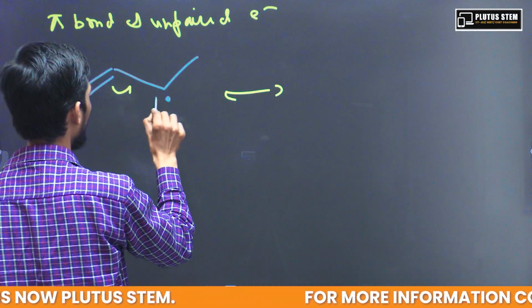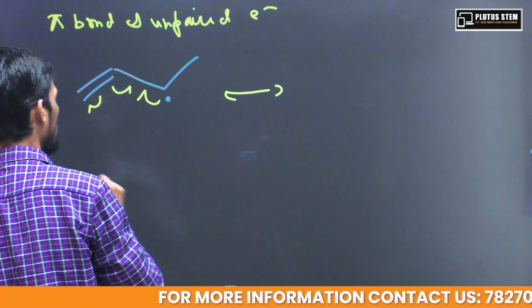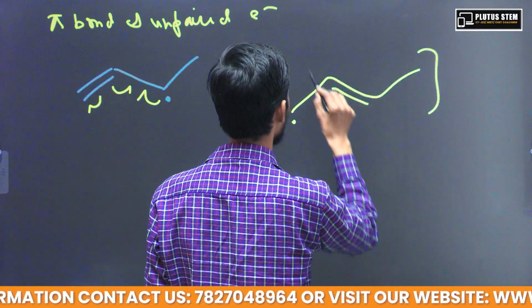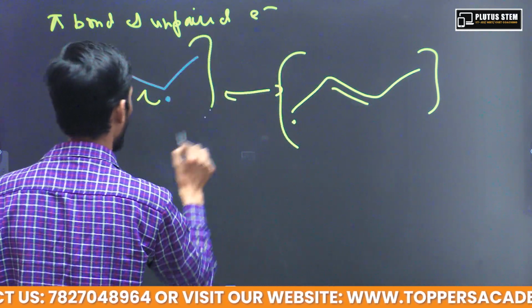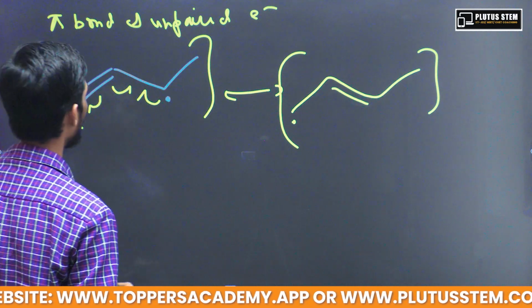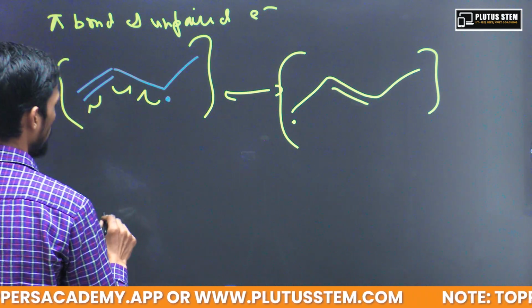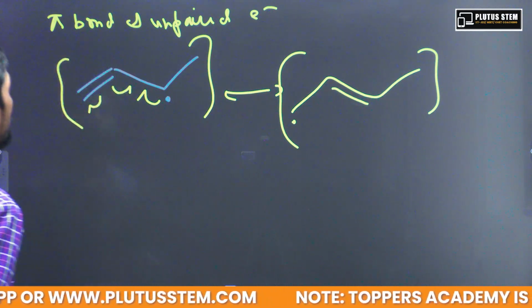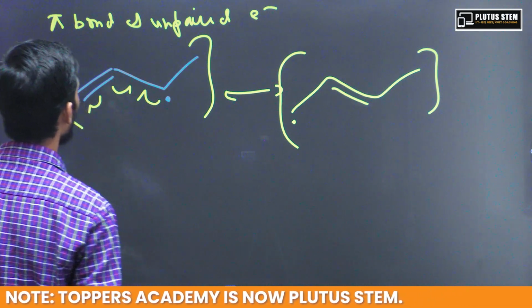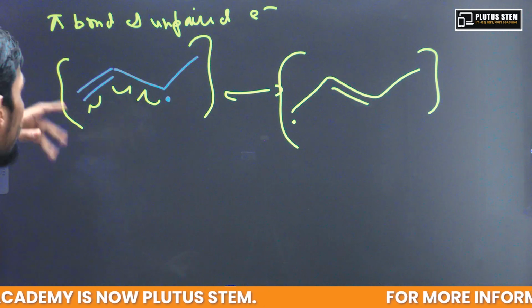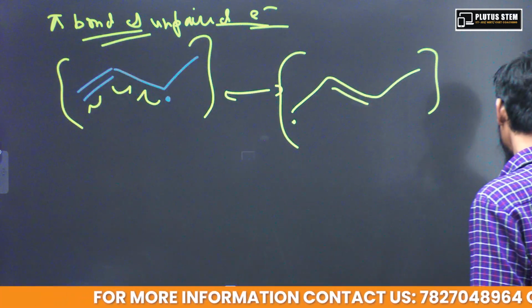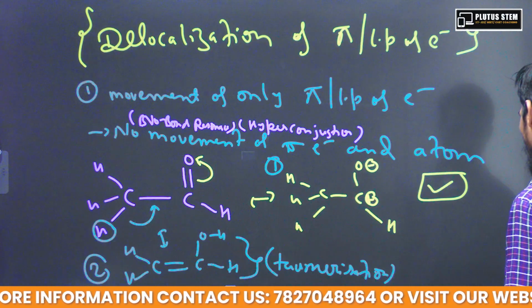This comes over here, this goes over there like this. This is resonance structure 1, this is resonance structure 2. So in this case we can very easily understand the various ways I have shown you through which we can draw this resonance phenomenon.